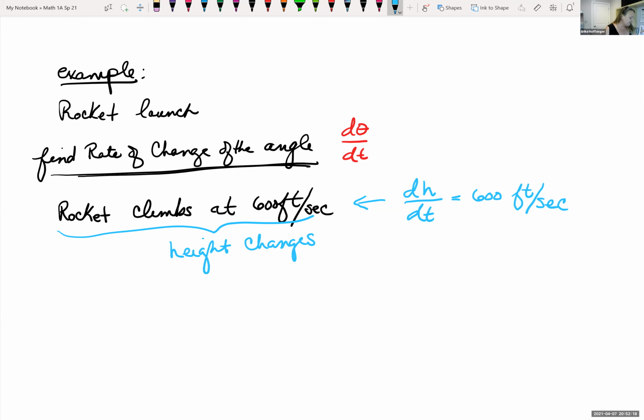We want to know how fast the angle of elevation will change when we reach 4,000 feet. So we want this rate of change of our angle when h(t) is equal to 4,000 feet.